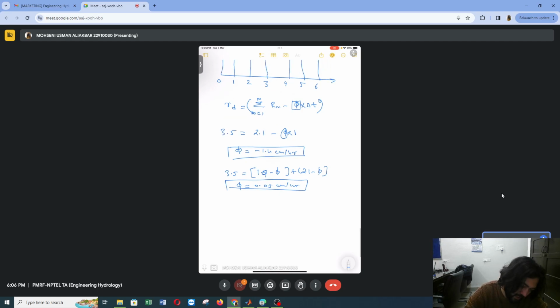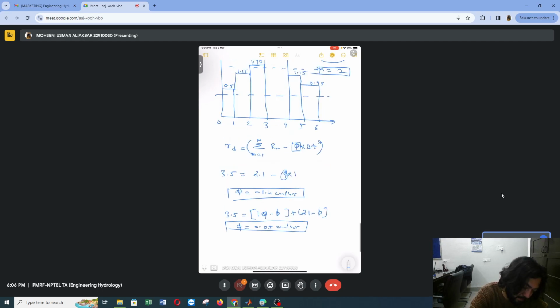If you look at the last case, that is where m is equal to 5, this implies that the value of phi should be between 0.5 and 0.95, right? And we can use the same equation: 3.5 equals 1.15 plus 0.90 plus 2.1 plus 1.15 plus 0.9 minus 5 times phi.